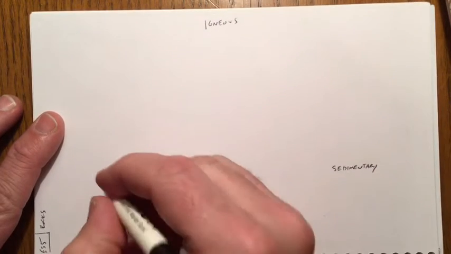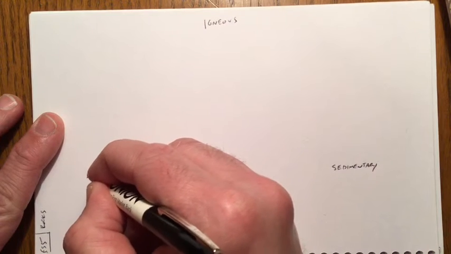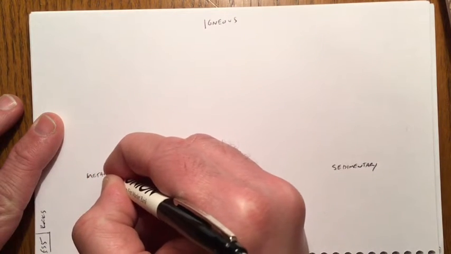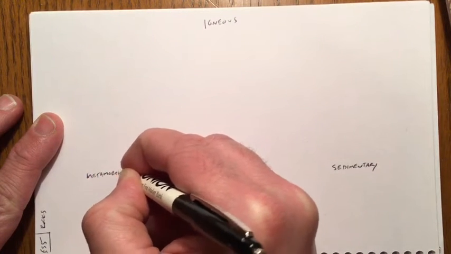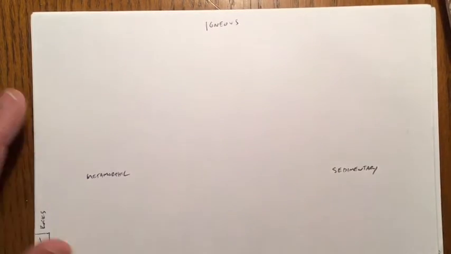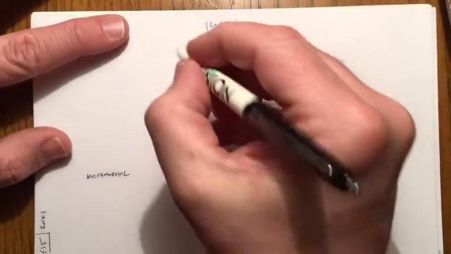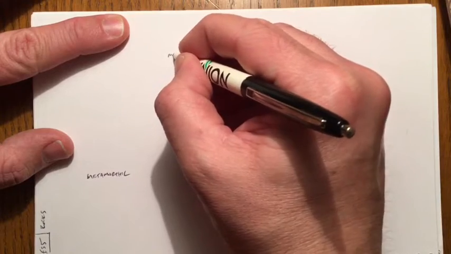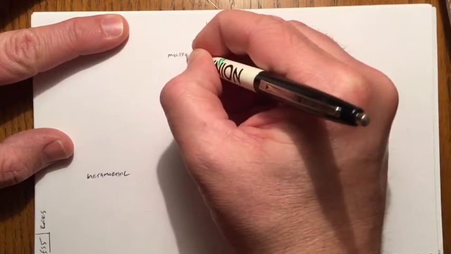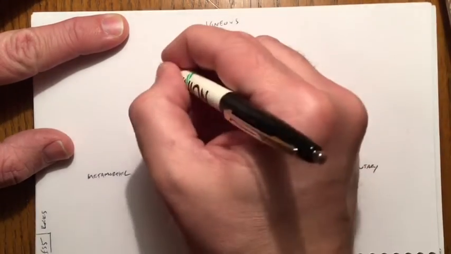There's igneous, there's sedimentary, and there's metamorphic. So igneous rocks, in order to become igneous rocks, first have to be molten rock.